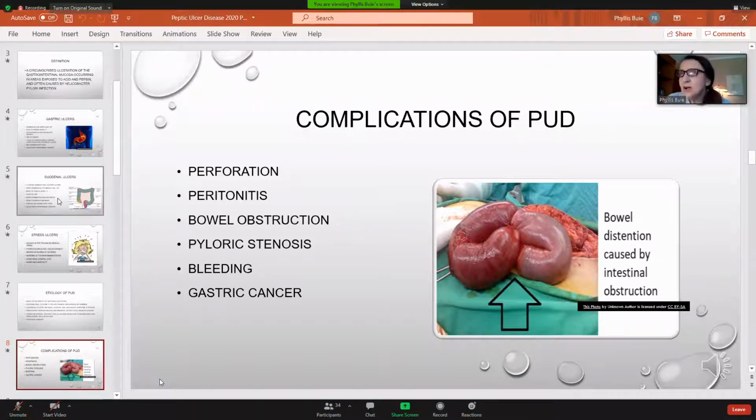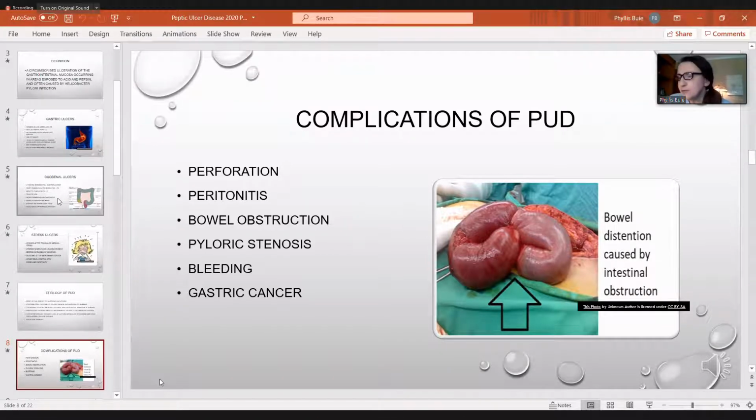Now, if you were assessing a patient for an obstruction, would you expect them to be metabolically acidotic or alkalotic? Acidotic? They would actually be alkalotic because of the large amount of acid in the gastric juices, and their potassium is going to be lower.